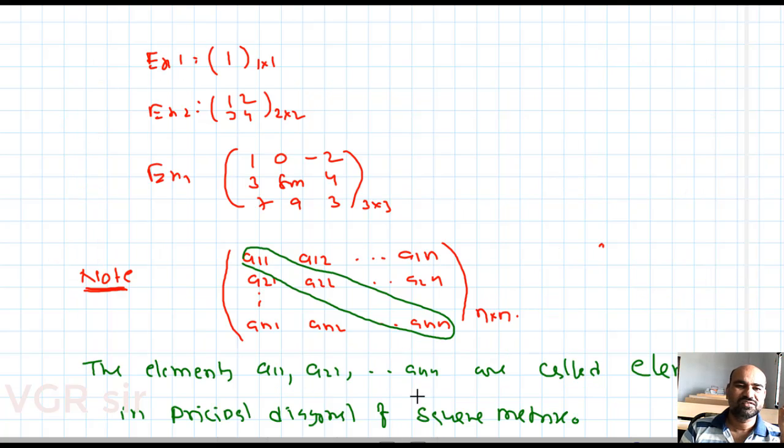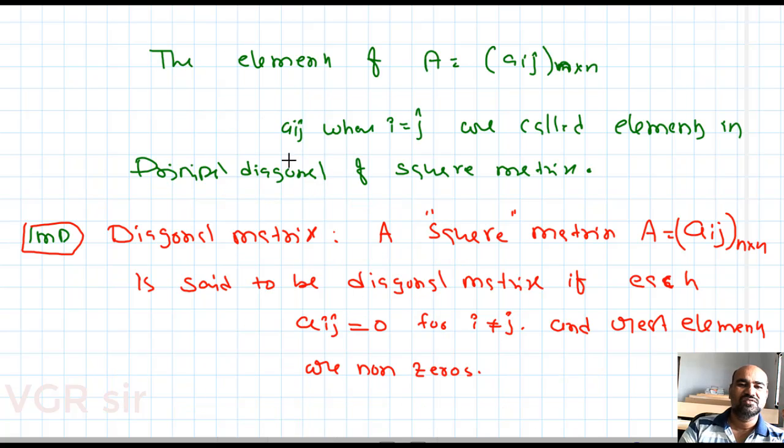So the elements in the principal diagonal of a square matrix, important: A11, A22, so Aij where i equals j, are called the elements in the principal diagonal of a square matrix. Okay. After that, the diagonal matrix.